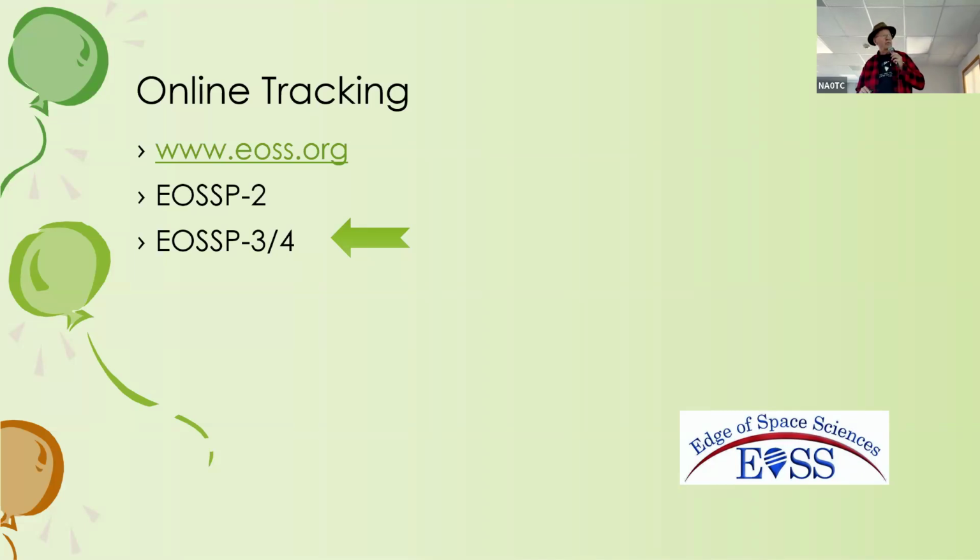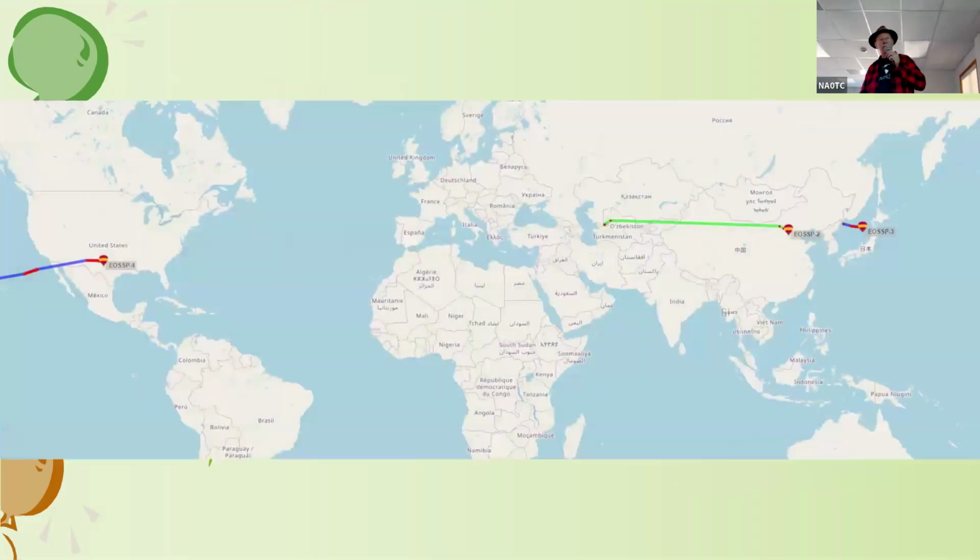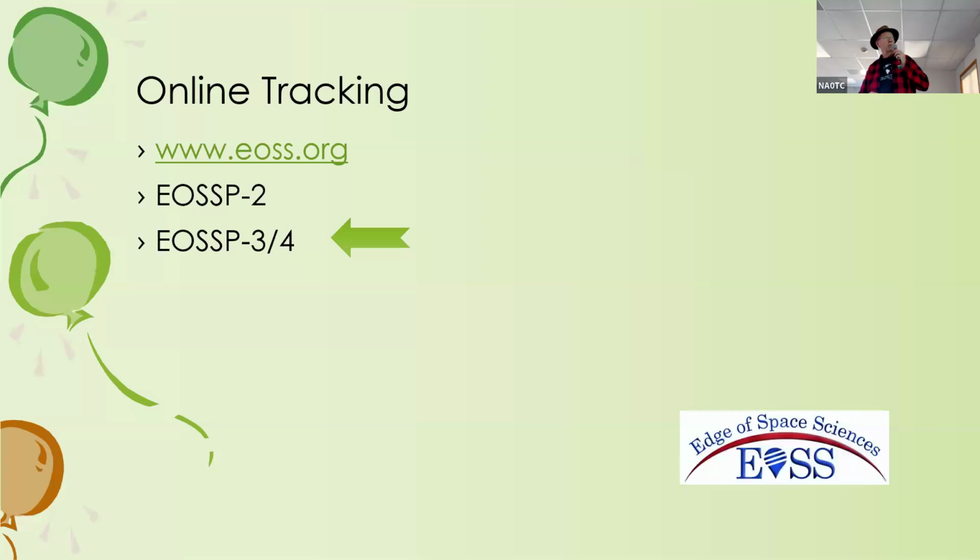But if you go to 3/4, there is a link right at the top of the page, and it says, click here to track the balloons. And it's a real neat link. Save it, and then when you click on that, it'll show this map of where all 3 of the balloons are. Could you put that back on again, please? Yeah, but eoss.org, that's the thing to remember.